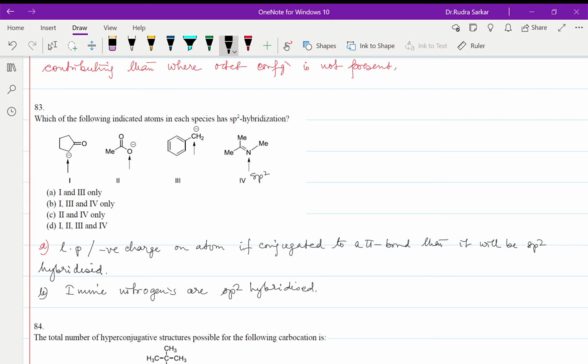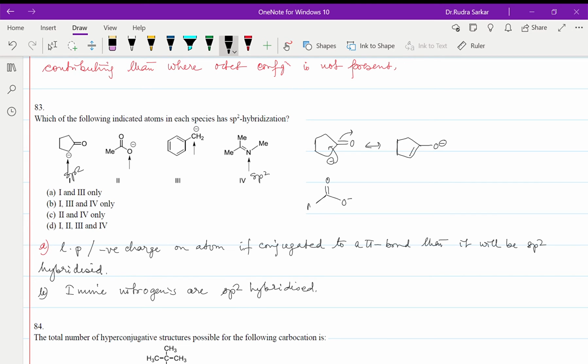Now what about 1, 2, and 3? In case of 1, we can see that in this particular carbanion, the negative charge is delocalized with the carbonyl bond and it leads to the formation of enolate via resonance. So obviously we will say this is also sp2 hybridized.